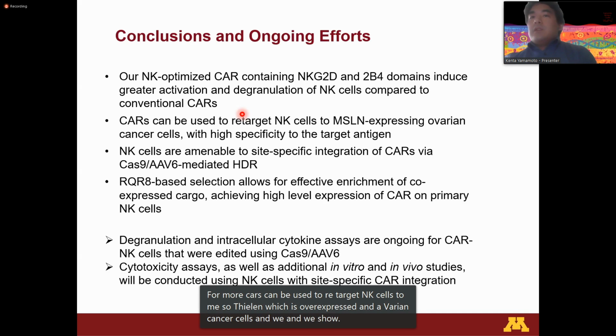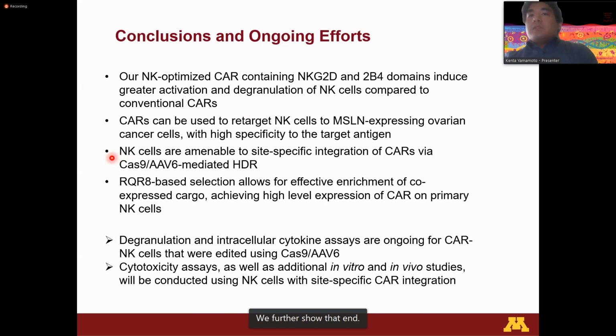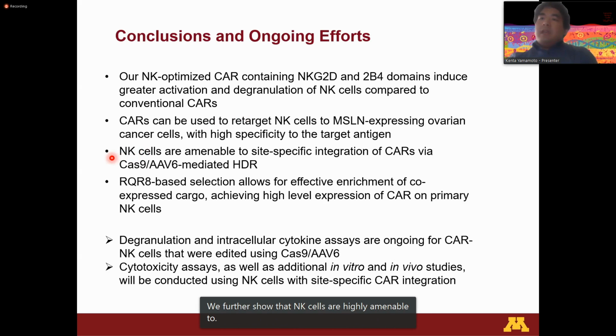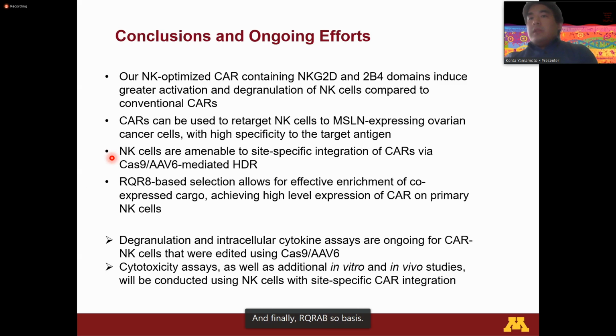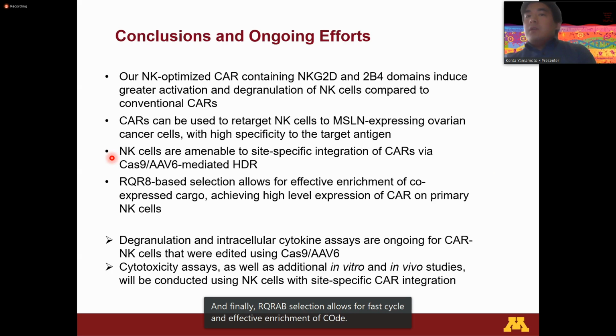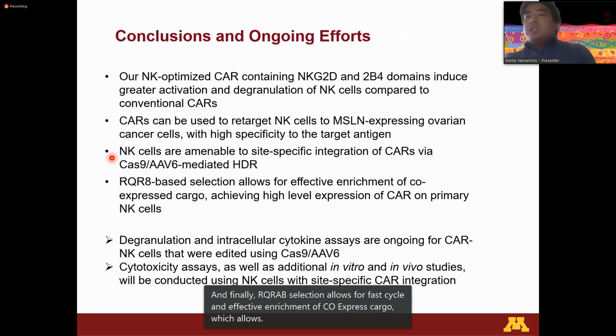We show that this occurs at a high rate of specificity. We further show that NK cells are highly amenable to site-specific integration of CARs using this homology-directed repair-based approach. And finally, RQR8-based selection allows for facile and effective enrichment of co-expressed cargo, which allows us to achieve a high level of expression of CAR in primary peripheral blood NK cells.